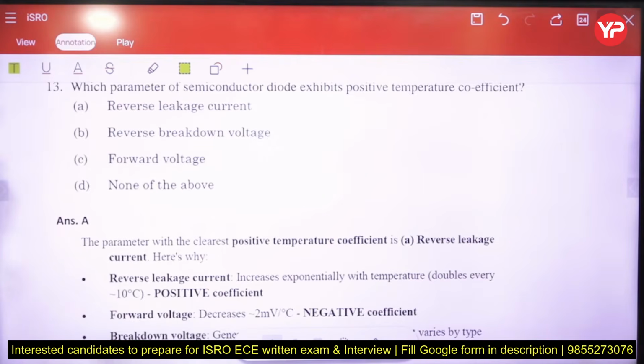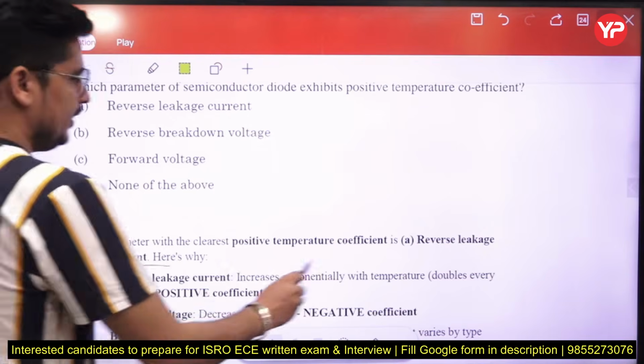Which parameter of a semiconductor device exhibits a positive temperature coefficient? Whenever we are talking about a positive temperature coefficient, it means when you increase the temperature, which value will increase? That is the meaning. Whenever you are increasing the temperature, reverse leakage current will increase, right?